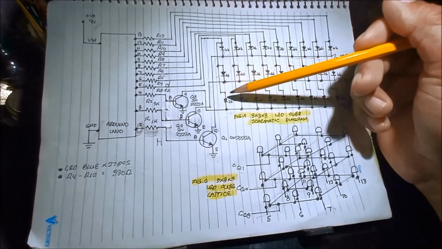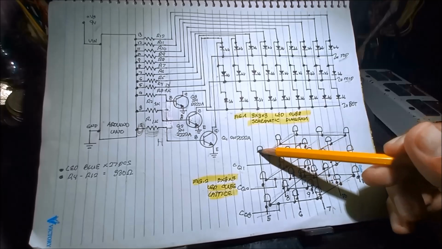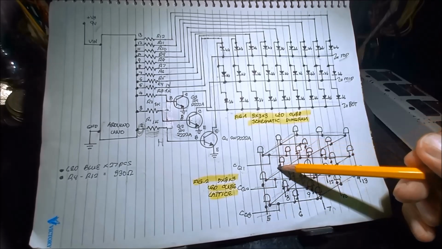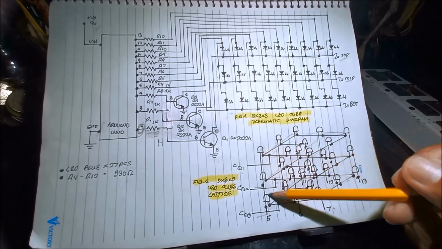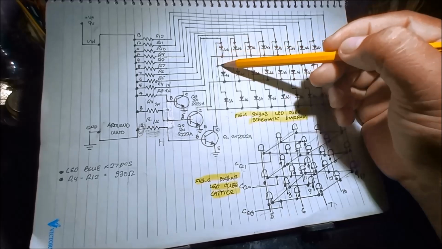All anodes are connected, just like here. All anodes of the LEDs are connected, so it becomes number 5.